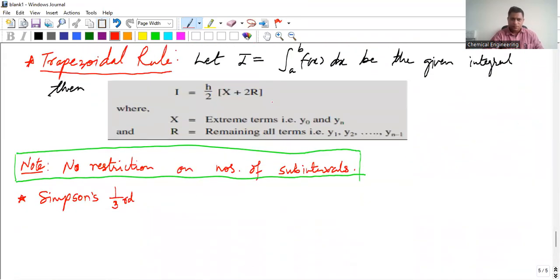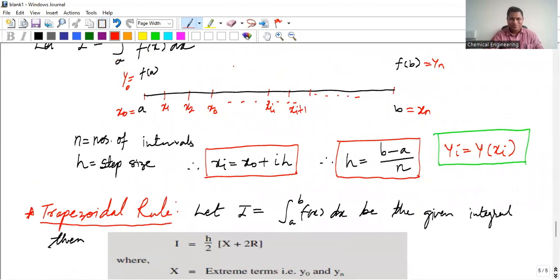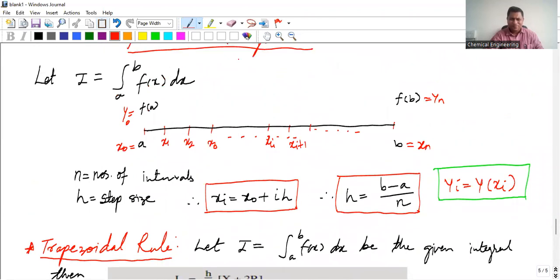Sir, one more doubt. Yes. Sir, in the equation, it is written that X equal to y0 and yn. So can we write X is equal to y0 plus yn?